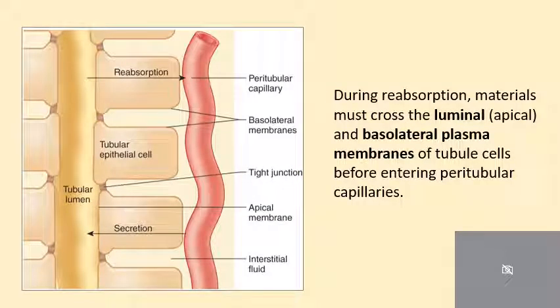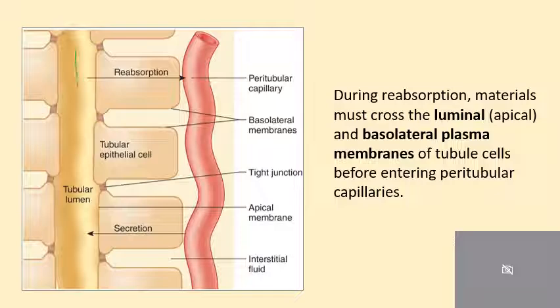Now it's time to add more details to our understanding of the processes of reabsorption and secretion, both of which are indicated in this diagram. So we need to take a closer look at the anatomy of a renal tubule and a peritubular capillary in order to understand how substances move between them.